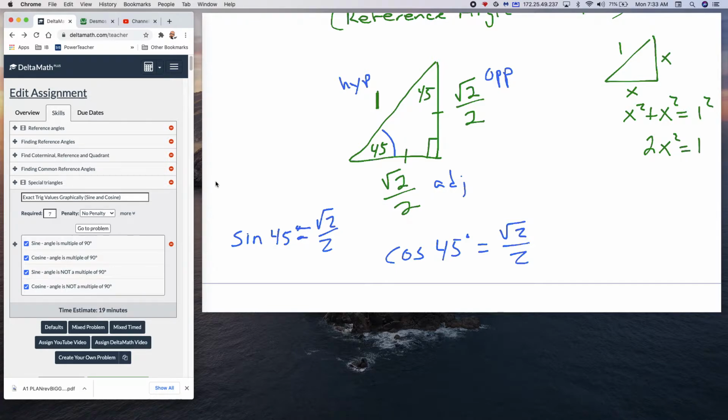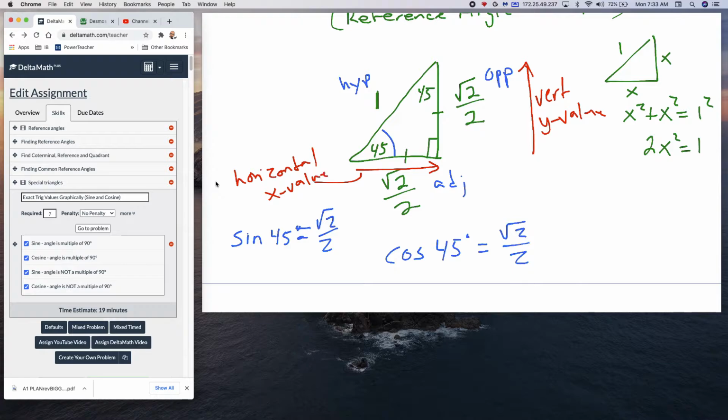Now, they might be in a different place, so we might need to make them negative. Notice that this side is vertical, so that's the y value, and this one is horizontal, that's the x value.